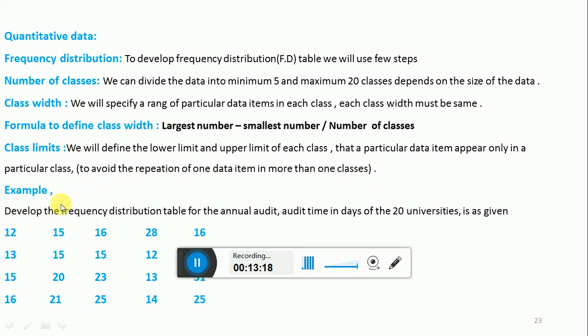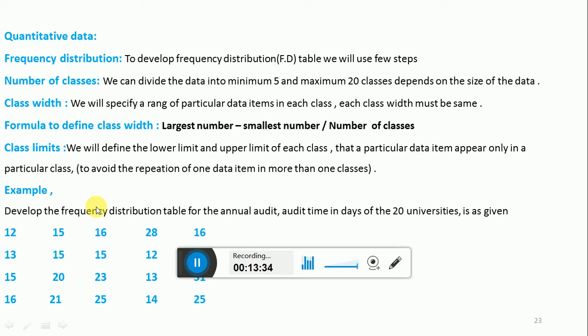Now we are taking one example to repeat all these terminologies, like frequency distribution, number of classes, class width, the formula to define the class width, and class limits.